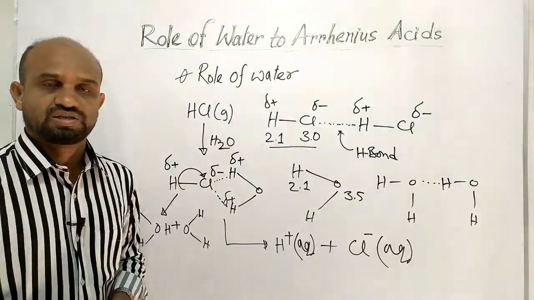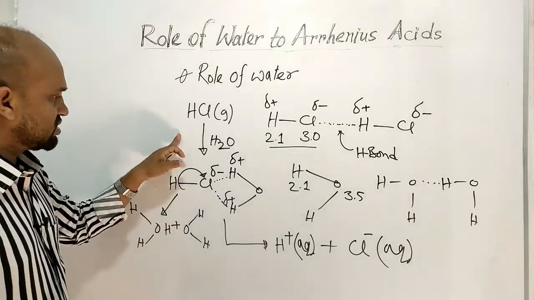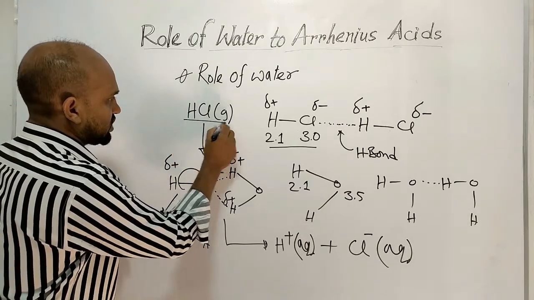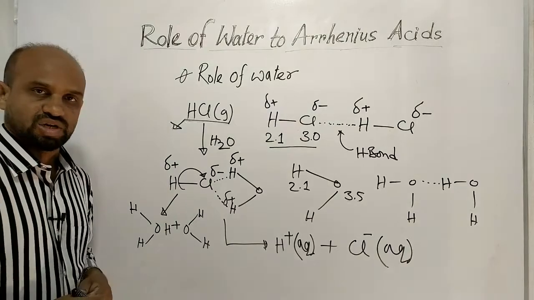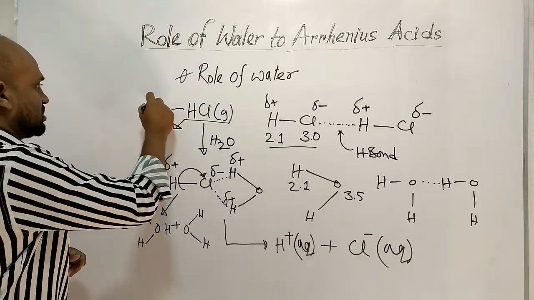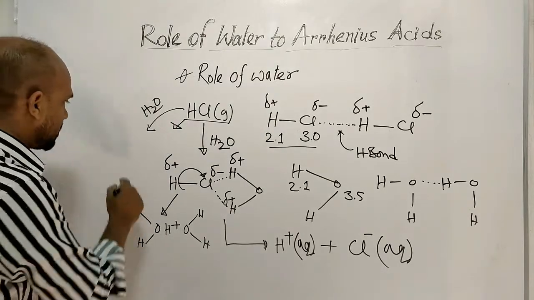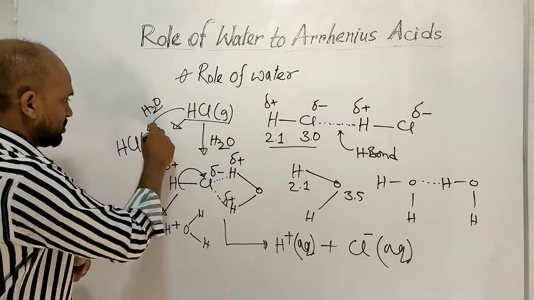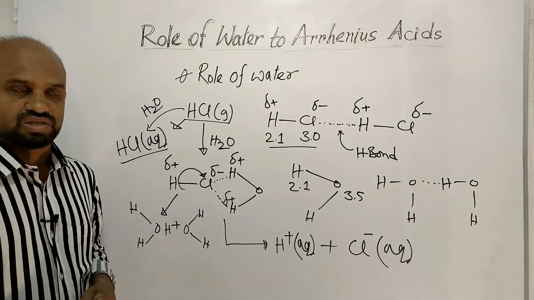So hydrogen chloride is a kind of Arrhenius acid. One thing should be mentioned here: when it is not dissolved in water, its name is hydrogen chloride. But if it is dissolved in water, then the solution obtained is symbolized by HCl(aq), and its name is hydrochloric acid.